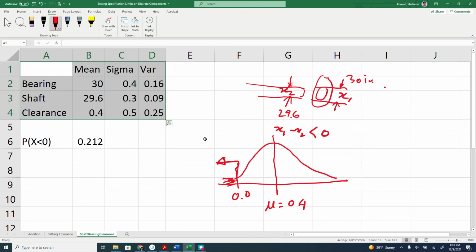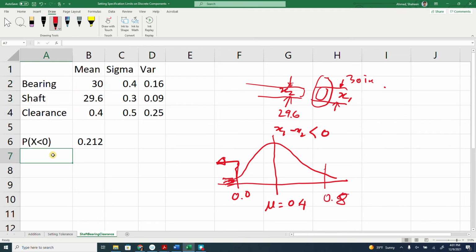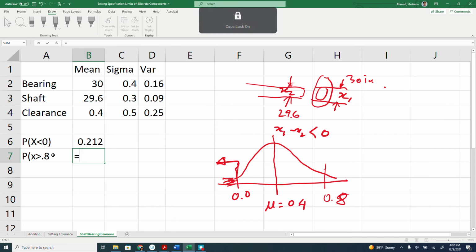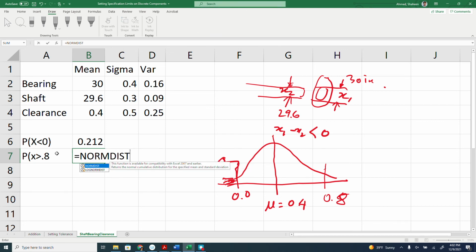And of course you can find the probability of clearance more than some number if you're interested. Let's say you want to find out how many of them will be too loose, for example more than 0.8. So you can calculate that as well. Simply, we can do NORM.DIST again with 0.8, the same mean value for the clearance, and the standard deviation.